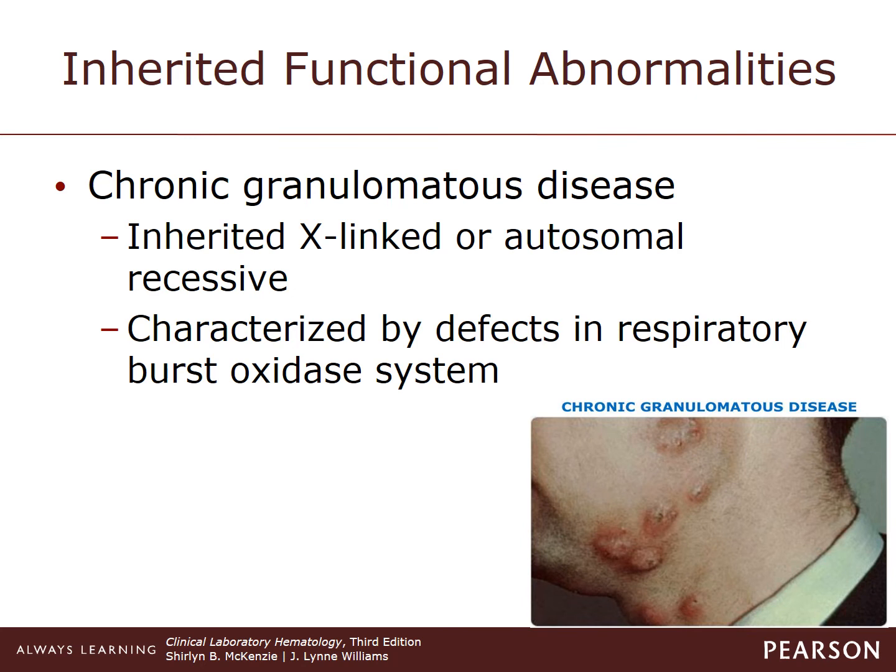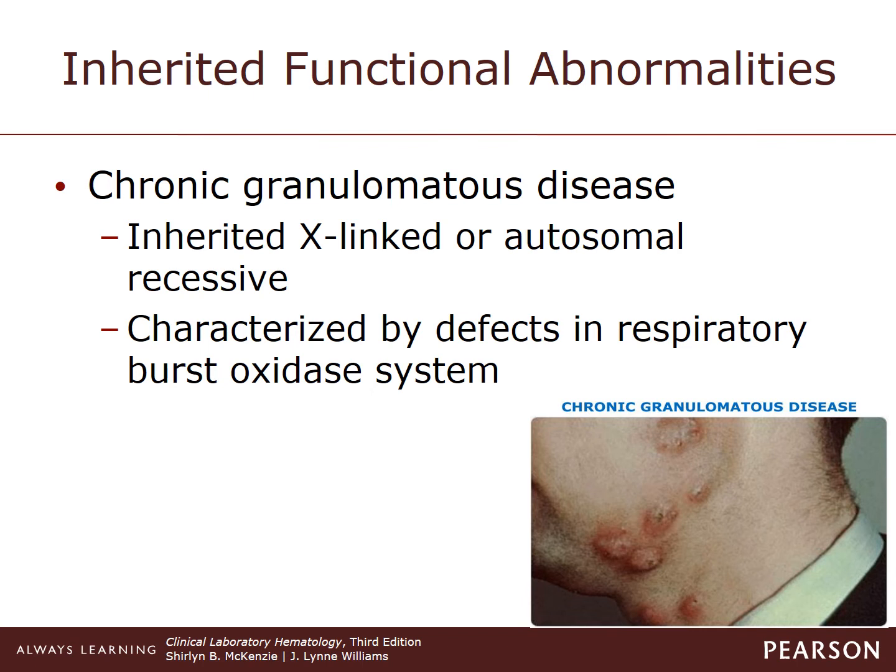The next type of inherited functional abnormality is chronic granulomatous disease, which is an inherited X-linked disorder characterized by defects in the respiratory burst oxidase system. Here patients suffer recurrent and life-threatening infections by bacteria and fungus, and it's diagnosed in childhood, but sometimes it can be diagnosed in early adulthood.